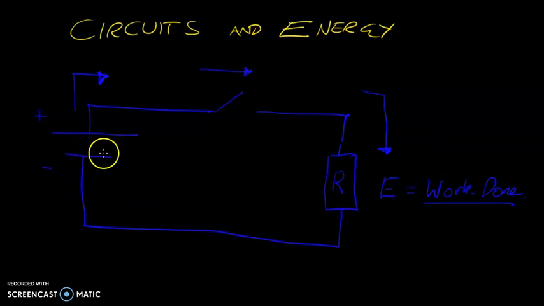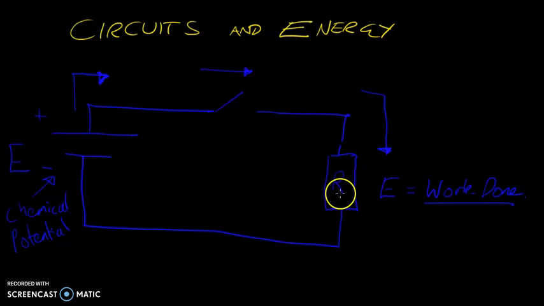Here we have energy stored in our battery, and that is chemical potential energy in our cell. Our resistor, as current flows through it, is going to get hot.